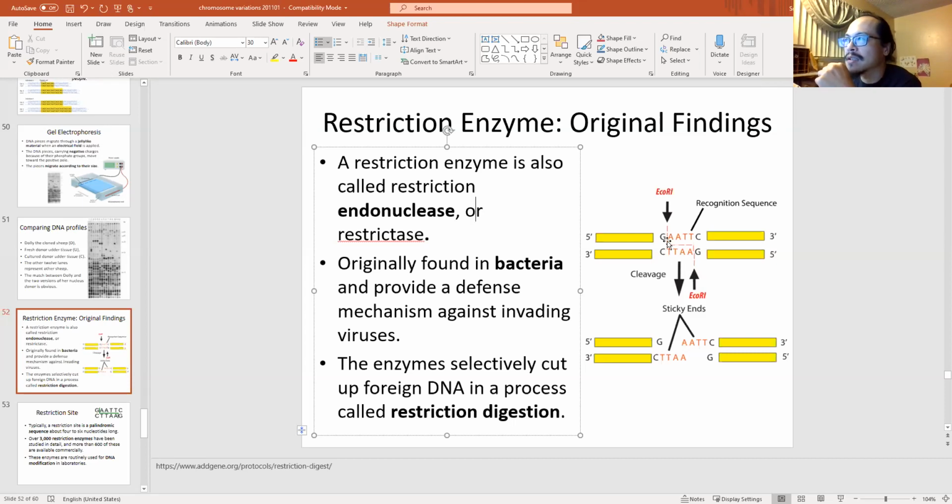It cuts it, but not exactly at the site. That's why newer technology was developed, like CRISPR Cas9, which provides more accurate cutting. Even though we say the restriction enzyme is very precise, in reality it can recognize the site, but when it cuts, it's very brutal.